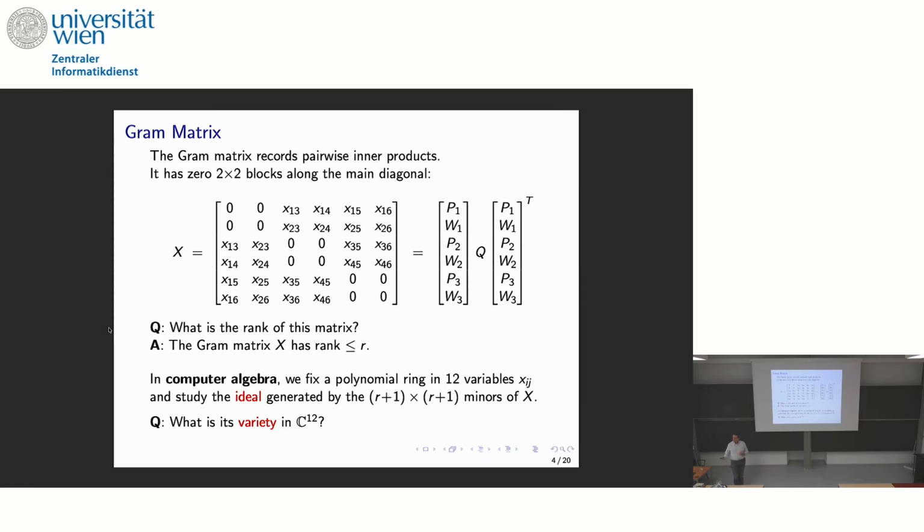The question is, what is the variety given by the minors of a given size of this matrix? Please interrupt me if there's questions. So I'll show you what happens when you perform this experiment. And sorry, Lizzie, we're going to do this in affine space just to keep it a little simple here.